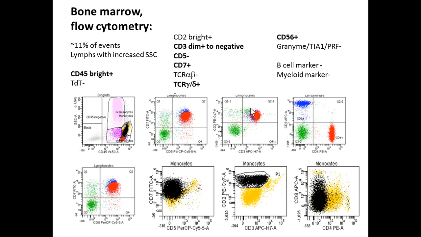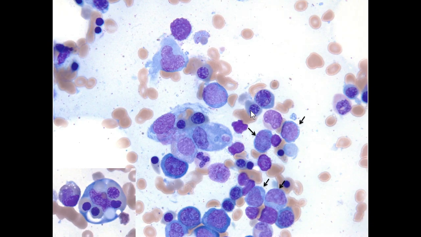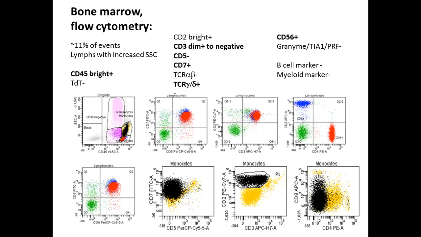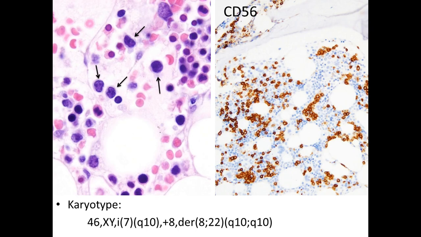By flow cytometry, these were abnormal T cells that co-expressed CD3 and CD7, but lacked the T-cell marker CD5 and expressed the gamma delta T-cell receptor, and they were negative for immature T-cell markers.